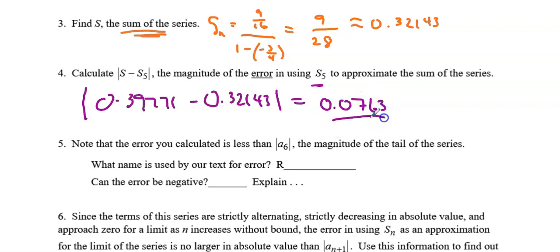So this is the error, or the difference of our actual sum versus our approximation, our partial sum on the fifth term, right? So this is going to be the error that we have found.